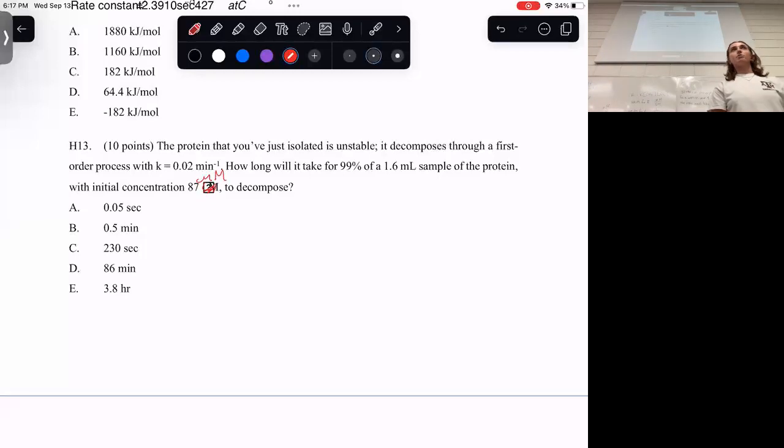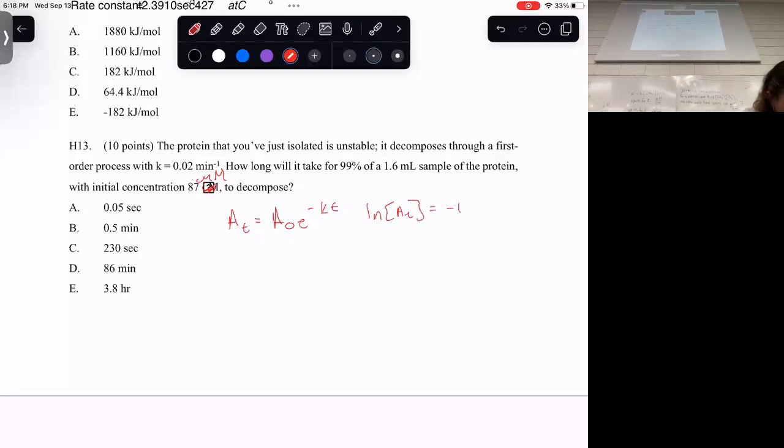What is our integrated rate law for a first order reaction? The one that will be easiest to solve this question. A_t equals A_0 e to the negative kt. Yep, so you can use this one. I actually prefer the ln form: ln A_t is equal to negative kt plus ln A_0.